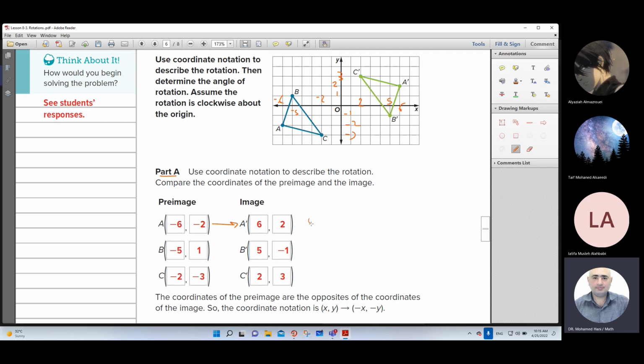So means here we have XY, the rotation will be negative X, negative Y. Means the angle will be 180 and the center will be 0, 0, the origin. And here we have clockwise.